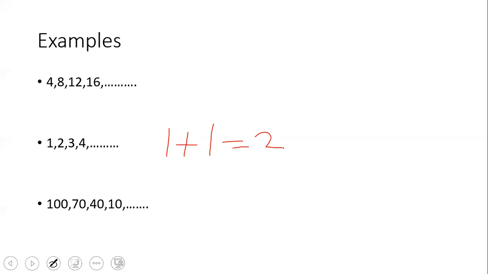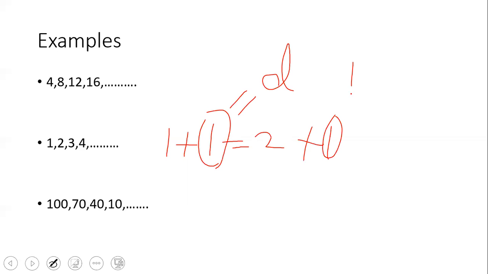Here 1 is the first term, and the one here is D. And 2 plus 1, this is D again, you get 3. So this is the pattern. D is also known as the common difference and can be either positive, negative, or even 0.